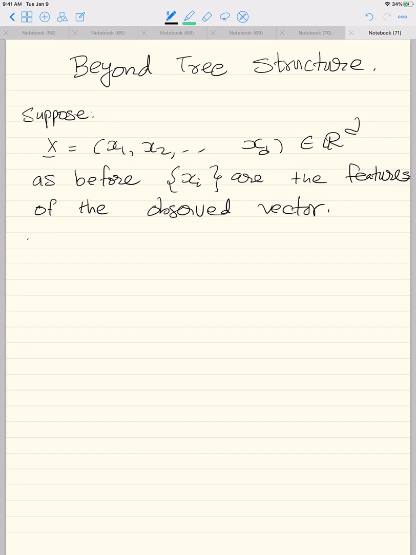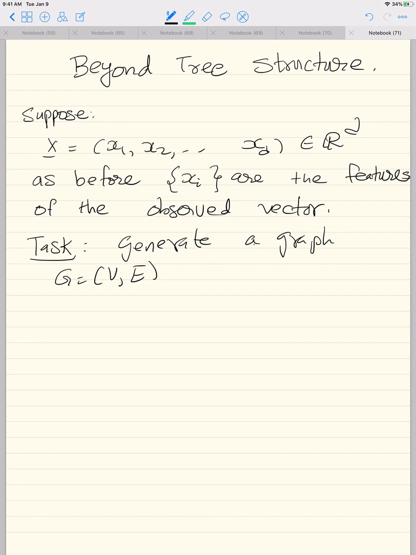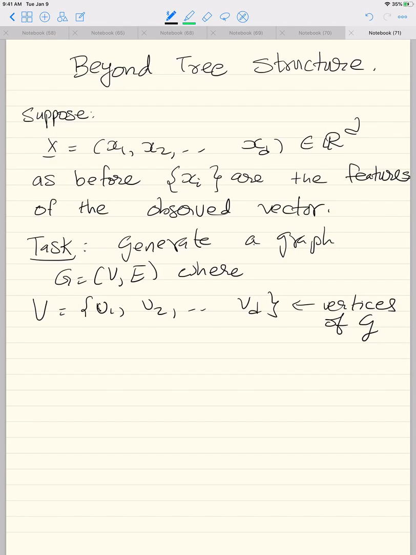Now our task is to generate a graph G which is of the form V comma E, where V is the set V1, V2 up to Vd, which are the vertices of G, and E is the edges.